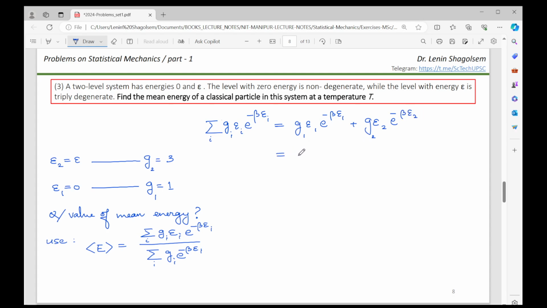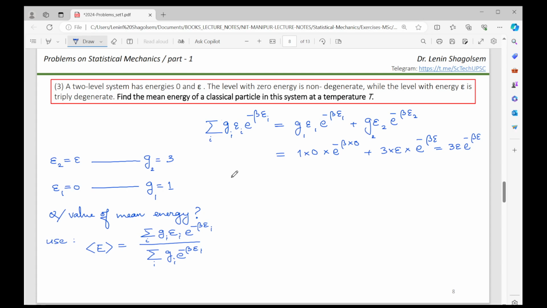We'll put the values immediately. Epsilon 1 is 0, e to the minus beta times 0, plus g2 is triply degenerate, so g2 is 3, and the value of energy is epsilon, into e to the minus beta epsilon. That gives us 3 times epsilon e to the minus beta epsilon.